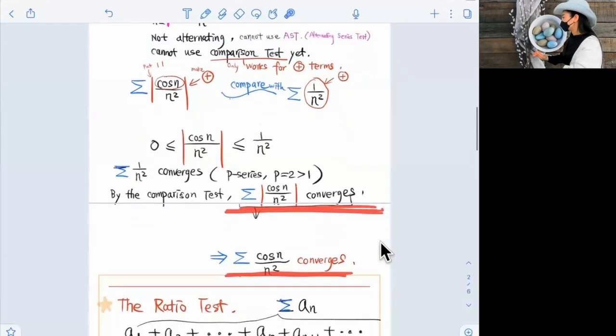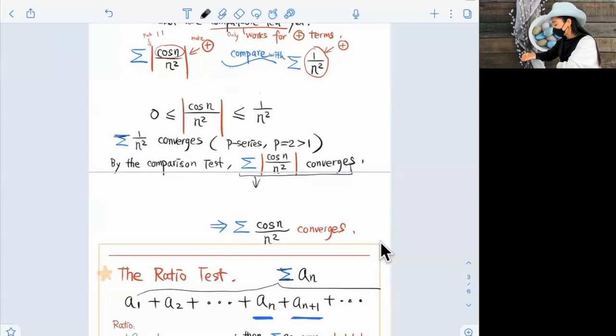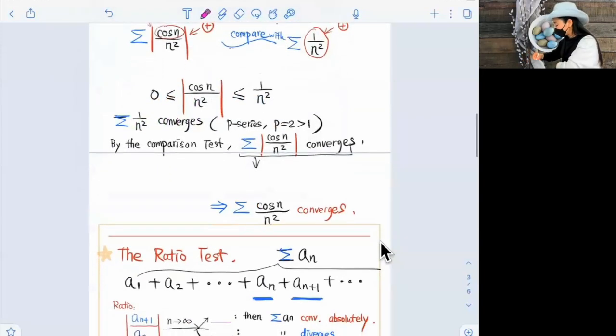But shouldn't it be convergence absolutely? The one below? This one? Oh yes, good point. So this one converges, and I can actually make it stronger: it converges absolutely. But absolute convergence implies convergence.